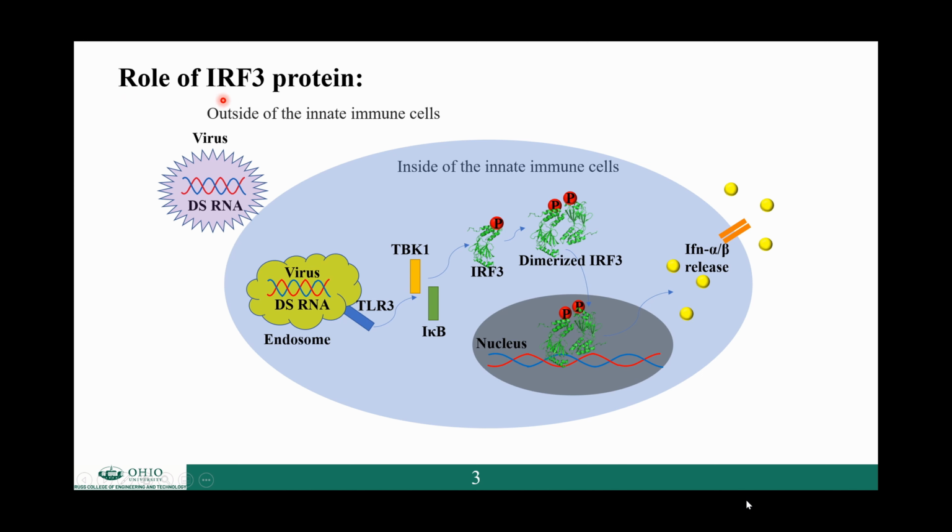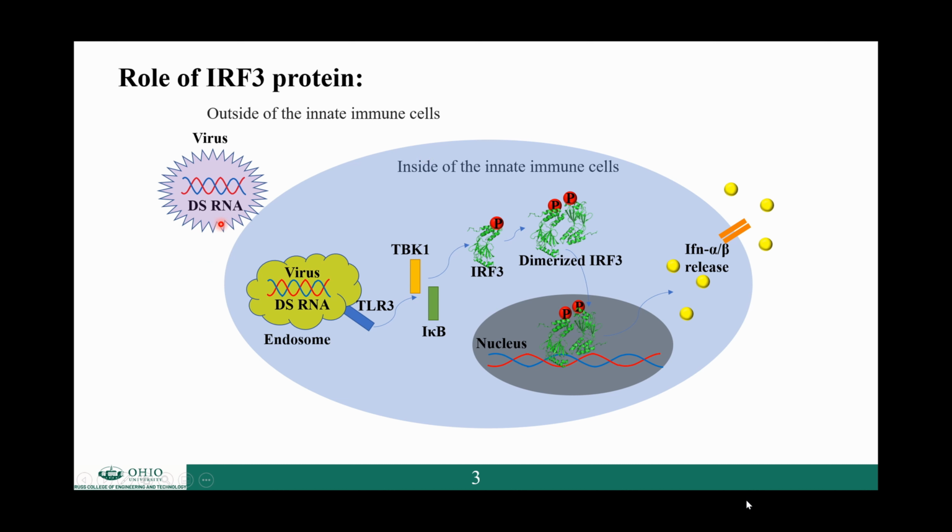So to look at the role of the IRF3 protein in our body: when our body is invaded by a pathogen, in this case a dsRNA virus, innate immune cells, who are the first line defenders inside our body, will try to send a signal to other innate immune cells about this invasion.